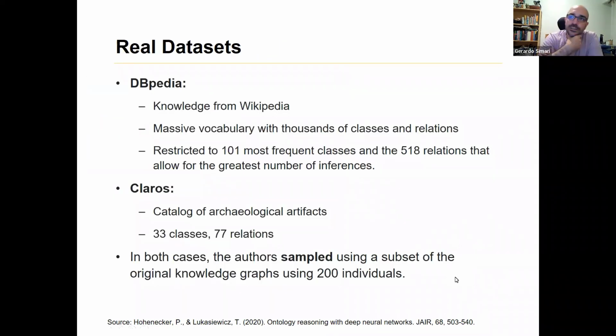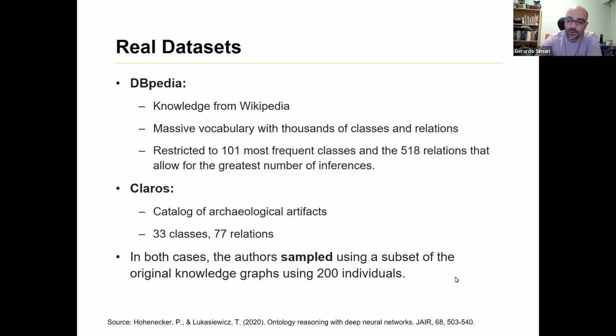So DBpedia, for the real data sets, is a well-known data set that encodes knowledge from Wikipedia. It's massive, has thousands of classes and relations. And as I mentioned a moment ago, the authors restricted to the 101 most frequent classes and the 518 relations that allow for the greatest number of inferences. There's not much discussion about this in the main body of the paper.